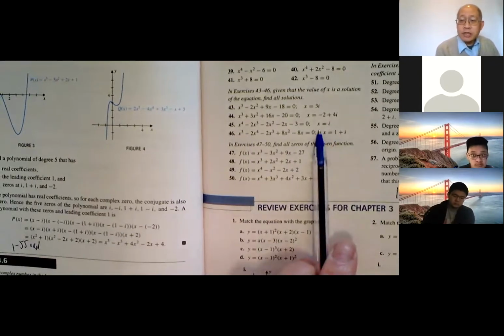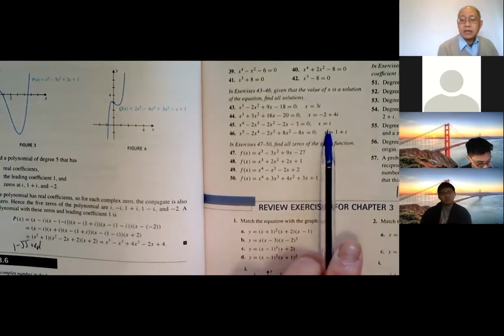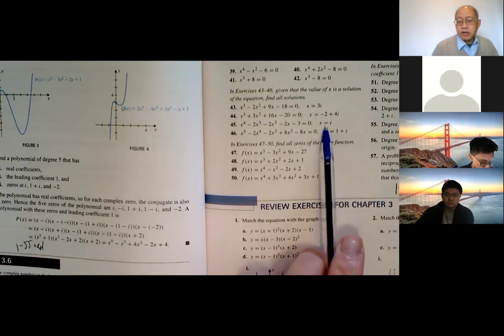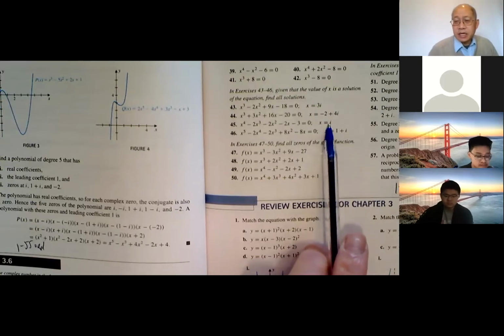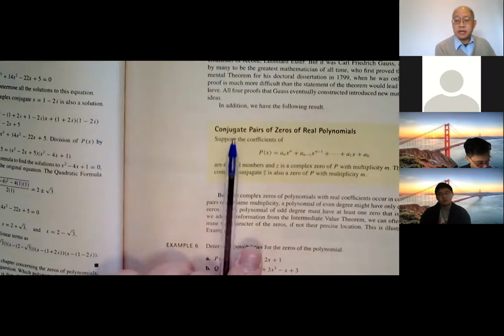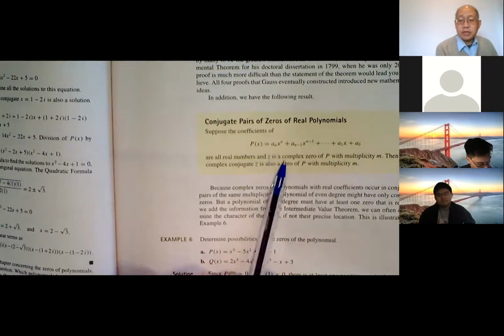And they tell me one of the solutions is I. All right, so one of them is I. The other one automatically has to be negative I. You can pretend this is 0 plus I. The conjugate is 0 minus I. So that's this conjugate pairs business again. If you know that you have one complex solution, its conjugate is also a 0.